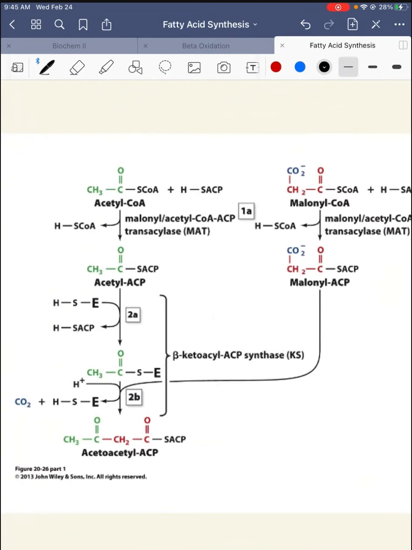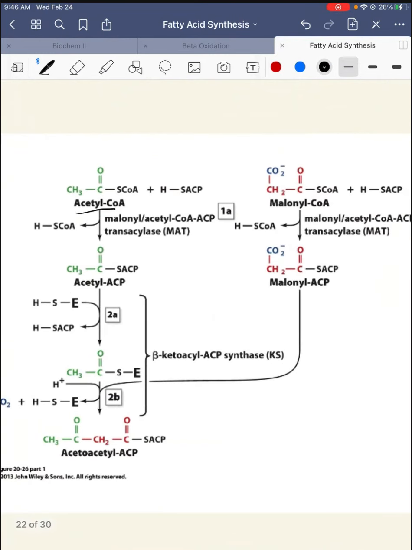So we have acetyl-CoA and then malonyl-CoA. We make malonyl-CoA from acetyl-CoA, and this is, remember, ACC1. We'll need both to start the first reaction. This enzyme called MAT takes acetyl-CoA and attaches it to the ACP site of fatty acid synthase.